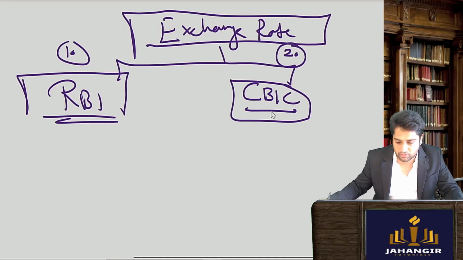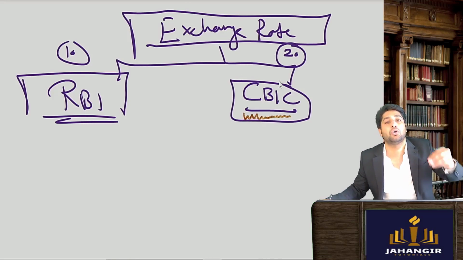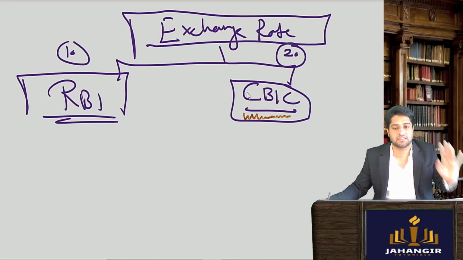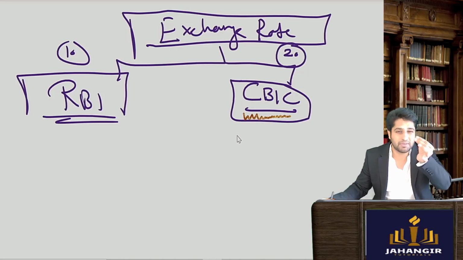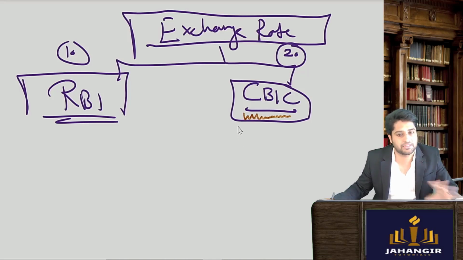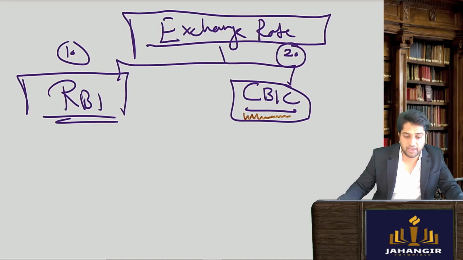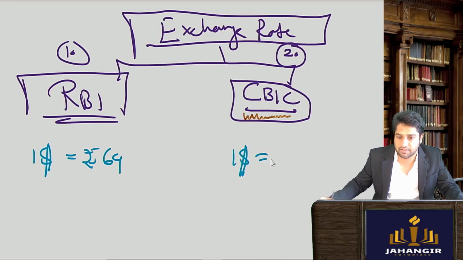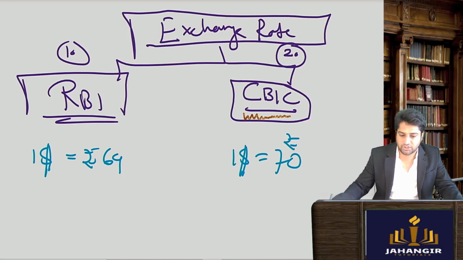Now the RBI exchange rate keeps fluctuating, every minute it will keep fluctuating. Therefore the Central Board of Indirect Taxes and Customs generally issues on a weekly basis that for this entire week this will be the exchange rate. So you don't have to go by the minute or second. If you fall within that time zone, that will be the exchange rate. If I tell you that the exchange rate given by RBI is rupees 69 and the exchange rate given by CBIC is rupees 70, which will you apply?